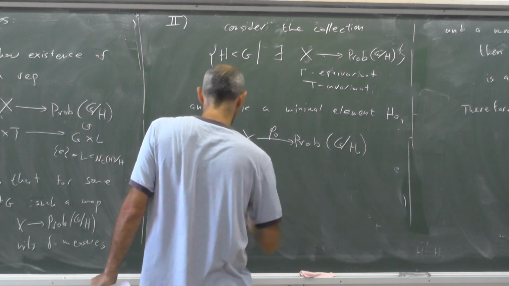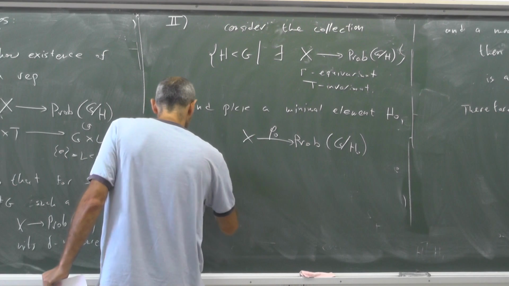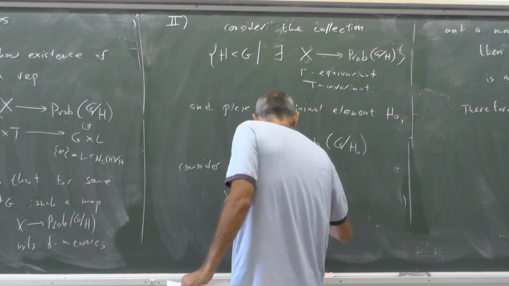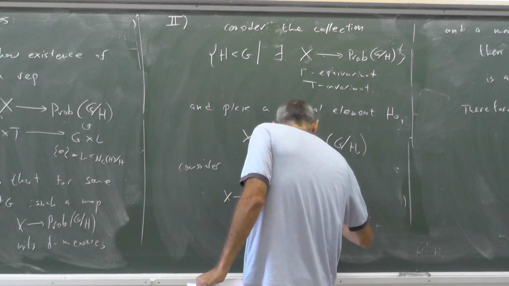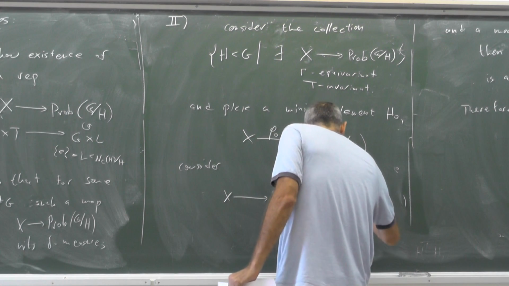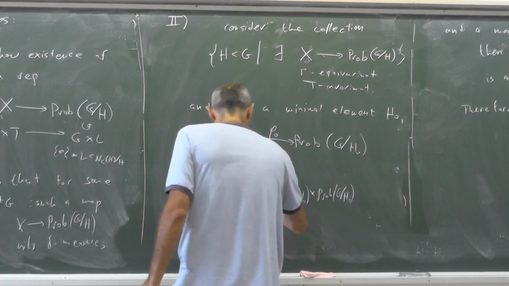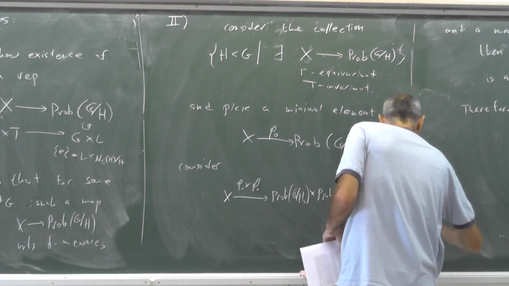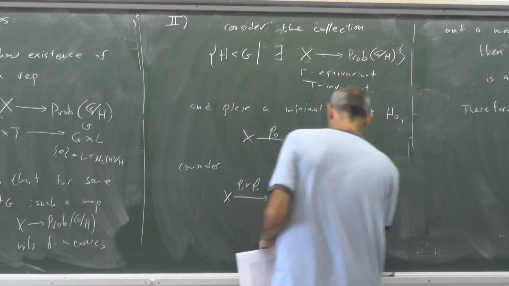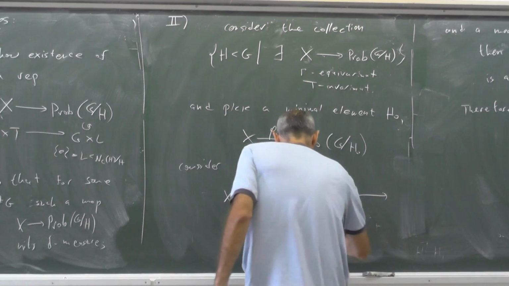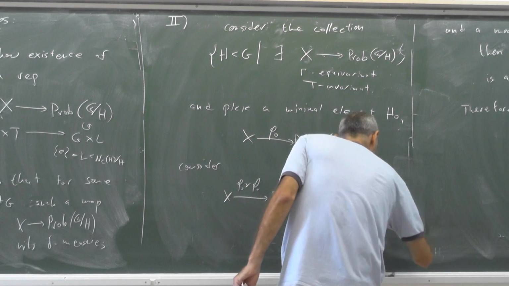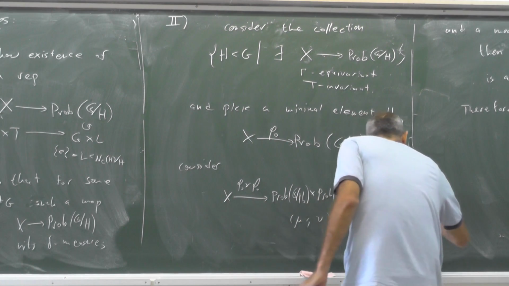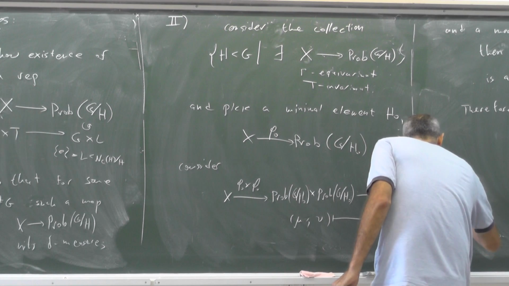Okay, now the trick is to consider the map from X to, okay, I can double it. This is easy, I can do phi 0 times phi 0. But now there is a natural map of taking 2 products and take nu to mu times nu as a measure on that space.